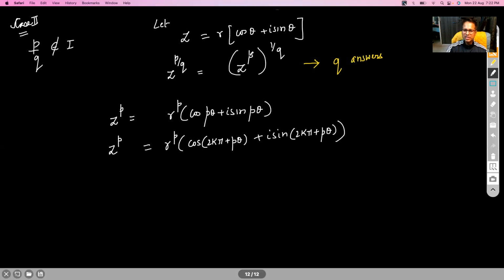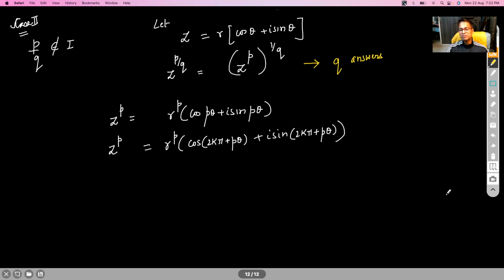I'm still doing this part. Mind you, I'm just doing the z to the power P part. In z to the power P, I follow de Moivre's theorem, which I've already studied before the break, but with a small change to this expression. I basically changed my P theta to 2k pi plus P theta, here also.